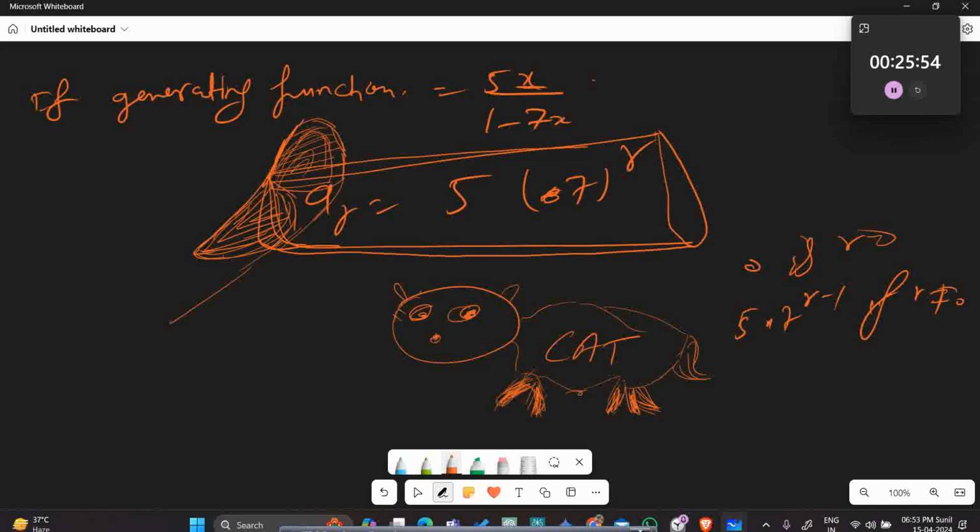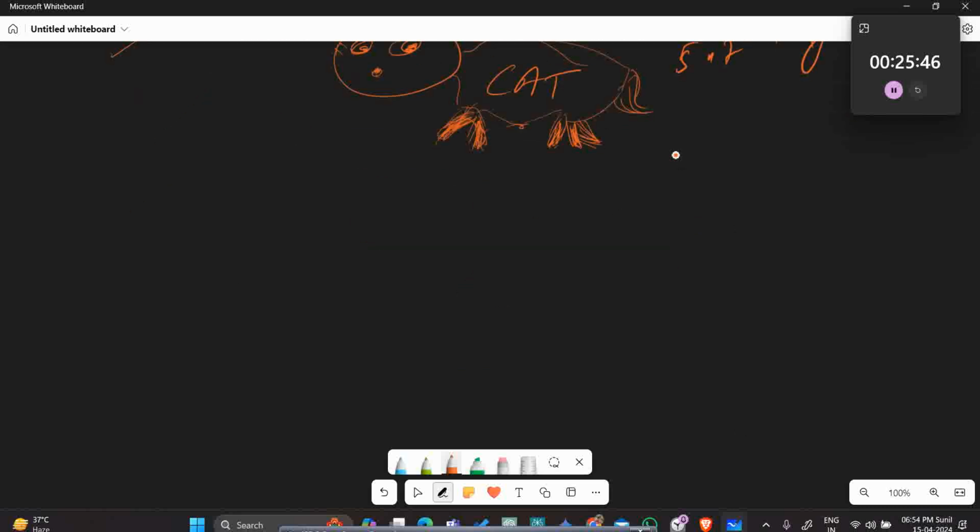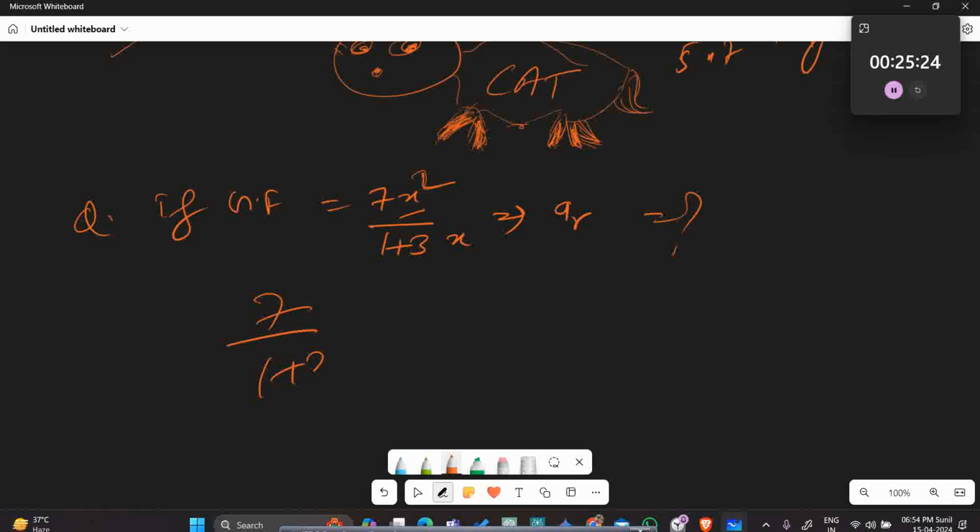So let's take some help from ChatGPT here. Let's discuss some more questions, then we will take help from ChatGPT. Question here is, if generating function is equal to 7x square upon 1 plus 3x, what is A of r? 7 upon 1 plus 3x is 7 into minus 3 to power r.